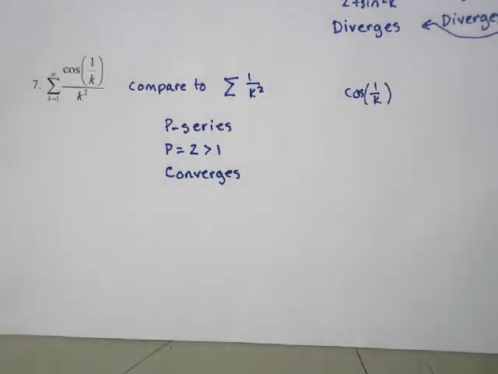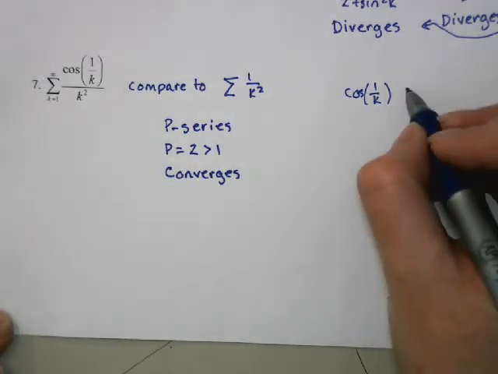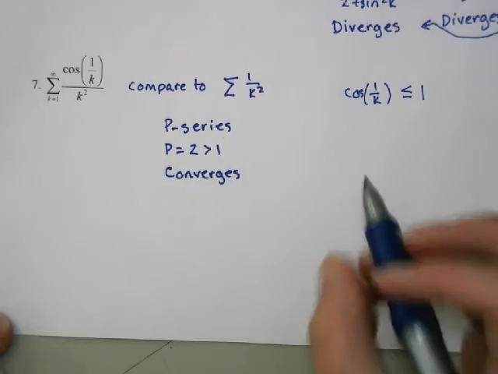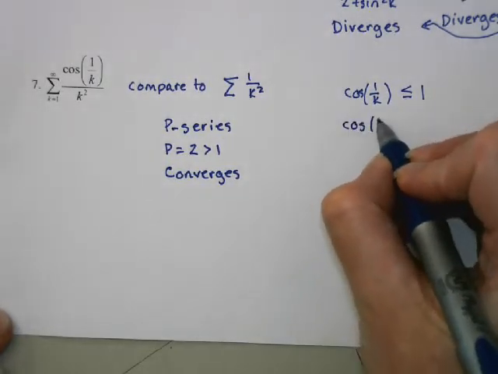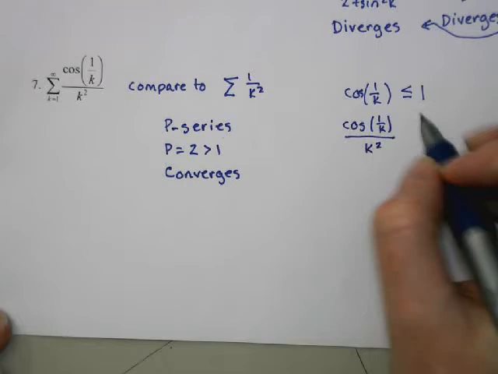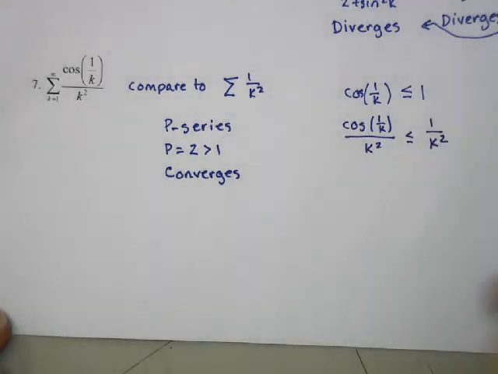Cosine of 1 over k. Okay, cosine is always between negative 1 and 1, so whatever this is, no matter what k is, that's going to be less than or equal to 1. So cosine of 1 over k squared is going to be less than or equal to 1 over k squared.